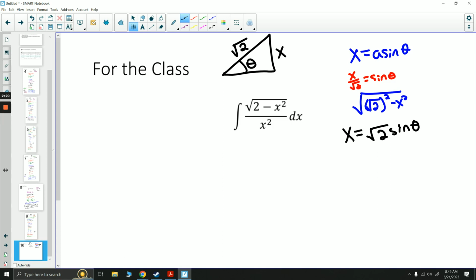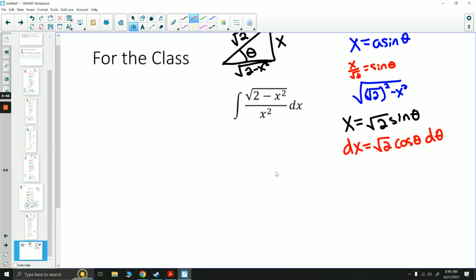That would mean that on the bottom we have the square root of 2 minus x squared as the adjacent side. Okay, so let's go back to our x equals the square root of 2 sine theta. That means dx would be the square root of 2 times the derivative of sine, cosine theta d theta.